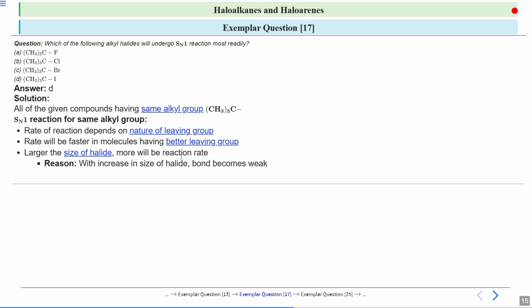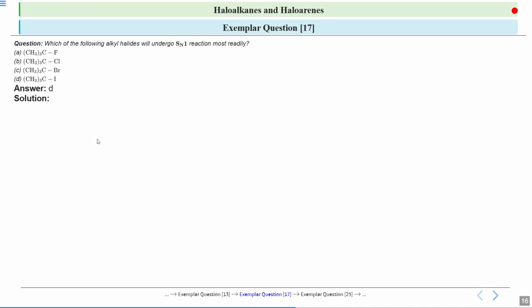So that's why it will serve as a better leaving group with the increase of size. That means the rate of reaction will be highest for alkyl iodide, then for alkyl bromide, then for alkyl chloride, and least will be for alkyl fluoride.